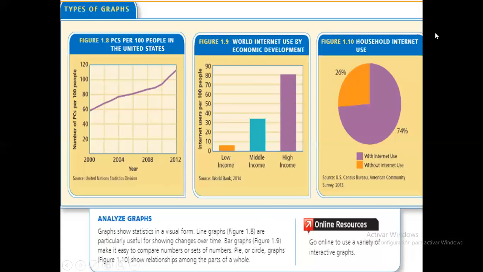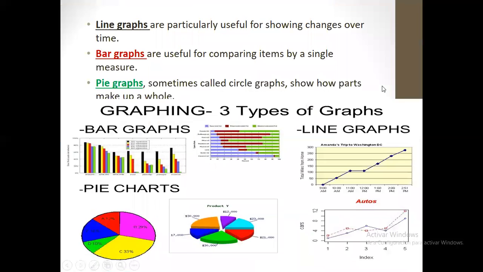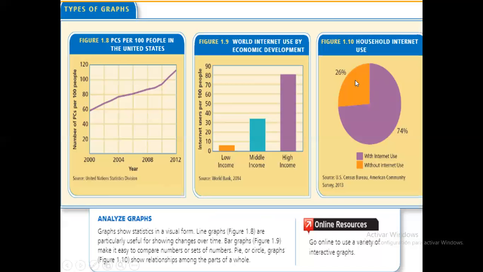Now, it means that in the United States, not even three quarters got access to internet and use internet. Now, only 26% of the whole country in the United States do not use internet. They don't have internet in their houses.